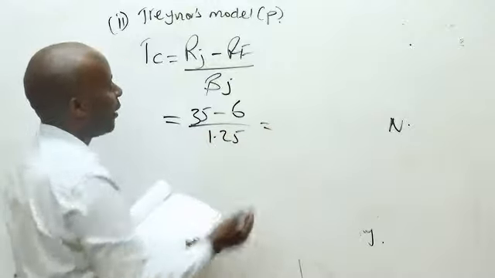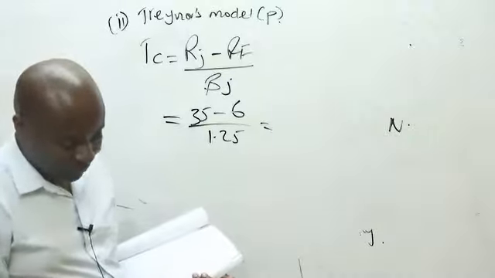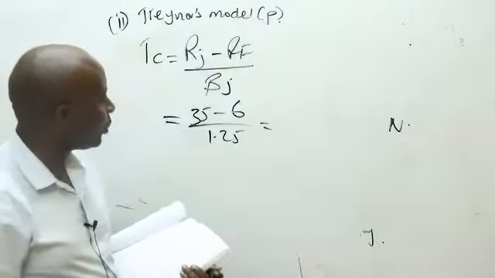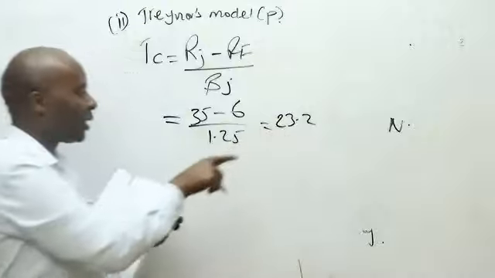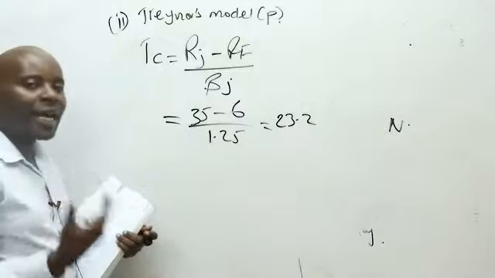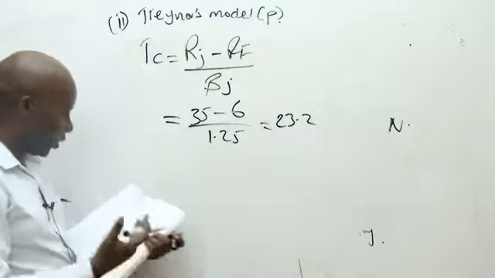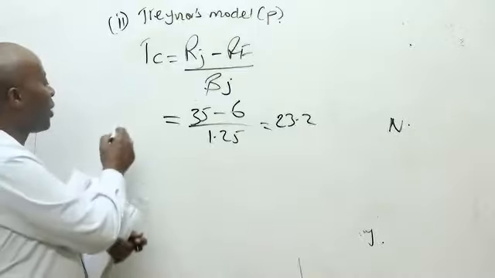So please give us this answer. 23.2, thank you very much. I'm sure most of you will be able to get later the one of N, Treynor's. With the Treynor's coefficient, the higher it is, the superior the performance.